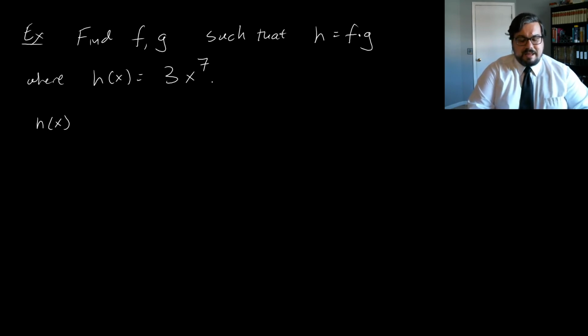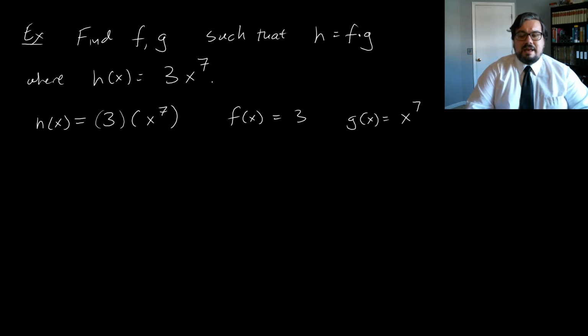We could have h of x being 3 times x to the 7th. This might give us the situation where f of x equals 3 and g of x equals x to the 7th. That's a perfectly good way of doing it. But we could also break it up a number of other ways.